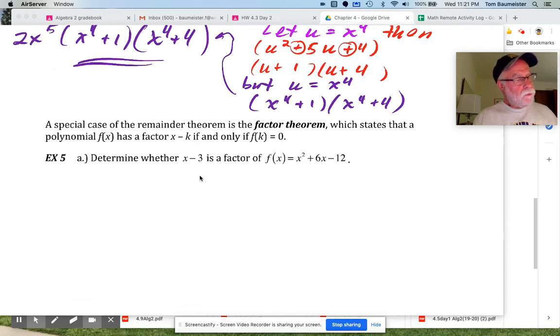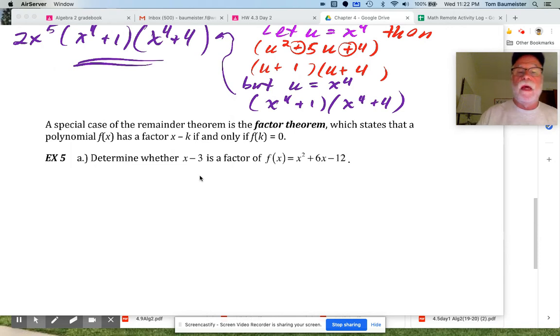All right. So on the first one here, we are going to look at it, and we are going to determine whether x minus 3 is a factor of f of x is equal to x squared plus 6x minus 12. Okay? So sometimes it's easier to use direct substitution. Sometimes it might be better to use synthetic division.